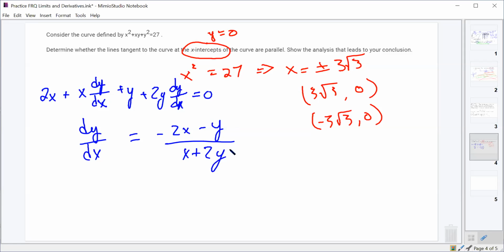So then all we have to do is evaluate that at the 2 points that we're looking at, 3 root 3, 0, and negative 3 root 3, 0. And if the tangent lines are parallel, then what will we find when we evaluate at both of those points? It should be equal to each other. So 3 root 3 comma 0 should be what?